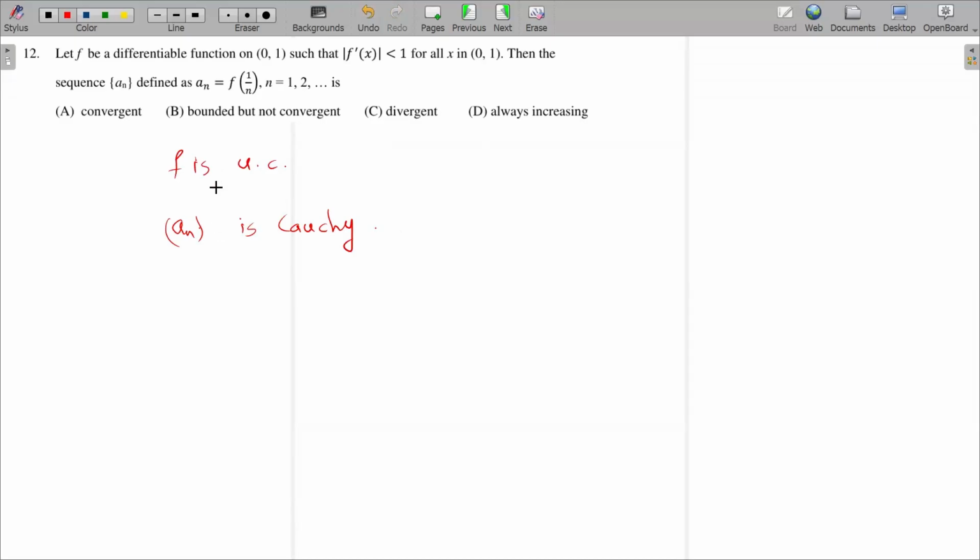Okay. Now, are we going to get these two? By the way, uniform continuity, is everyone aware how to prove it? Do you know this statement: if a function is differentiable with bounded derivative, then it's uniformly continuous? How do you prove it?